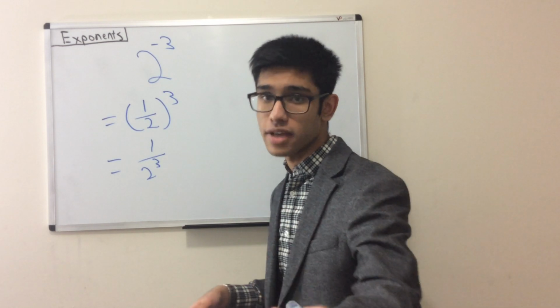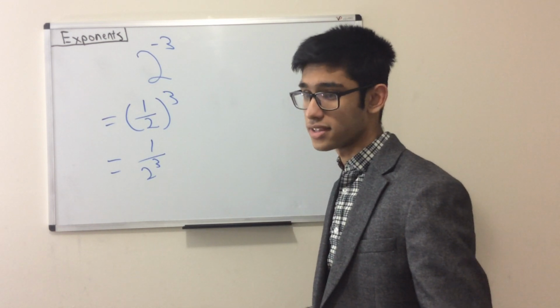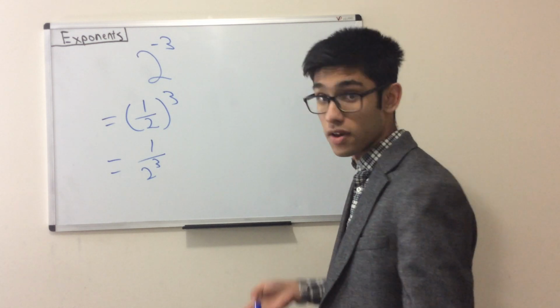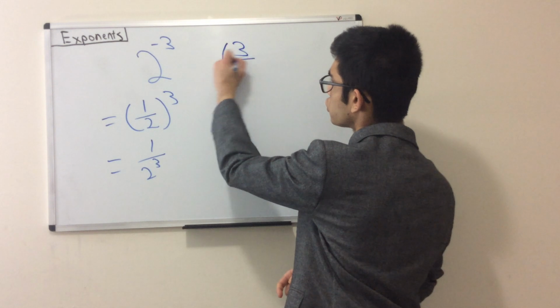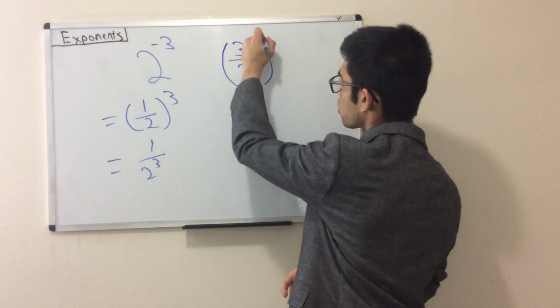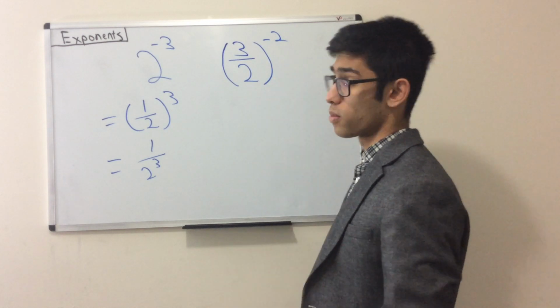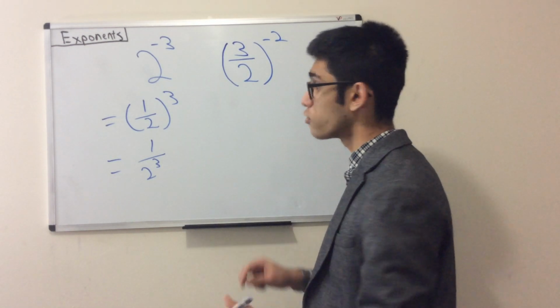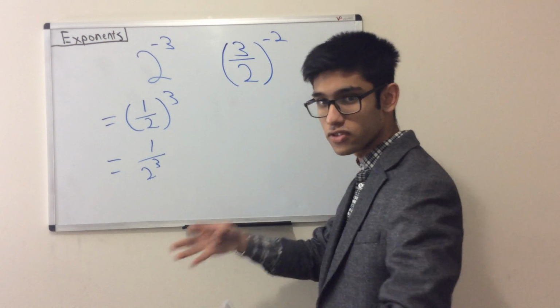Let's do a trickier example with a negative exponent. Trickier as in you just haven't seen it. It's not that it's actually tricky, it's just you haven't seen it maybe. So let's say we had 3 over 2 to the power of -2. Again, I have a negative power. What do I do then? Again, you flip the number, take the reciprocal. So how do I flip this? You literally just flip it.